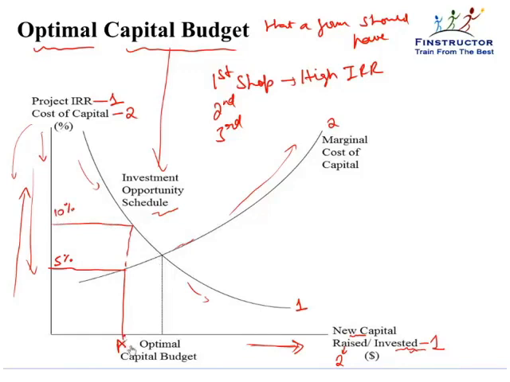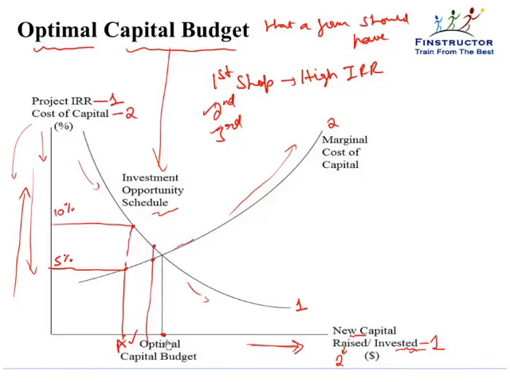So should A units of money be raised, and should it be invested? Yes, because the opportunity justifies the cost, and we should expand, or we should open this store. Similarly, till the time the project IRRs are higher than the cost of capital, as we studied in the previous review as well, the stores should be opened or the money should be invested.